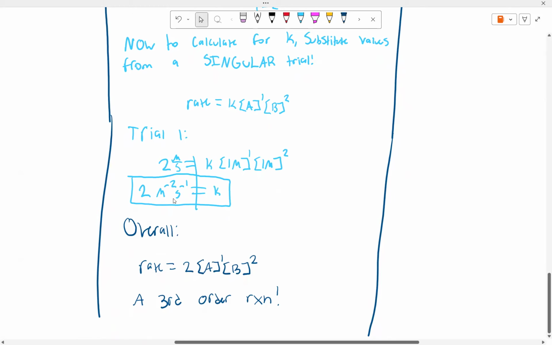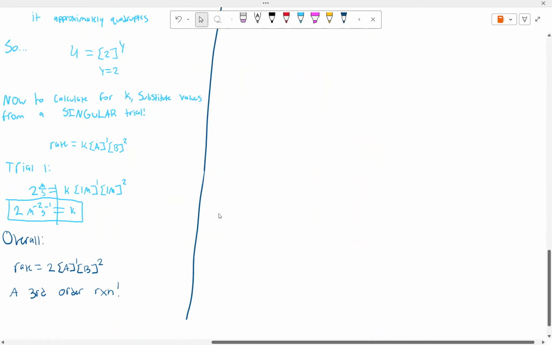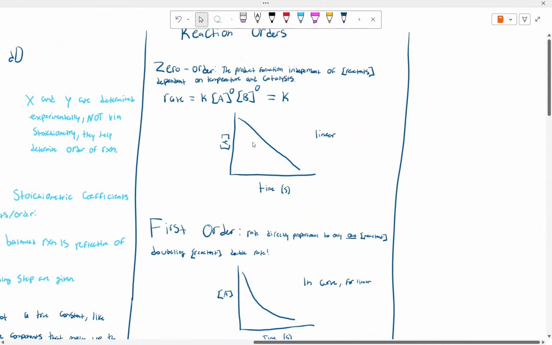So k is equal to 2 molarity to the negative 2 times seconds to the negative 1. So there's our final equation. That is our kinetic equation for the values that were given to us. So overall, this is a third order reaction. And we're going to get into what that actually means.